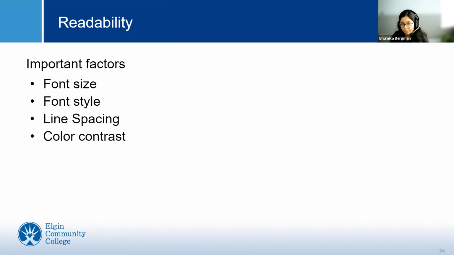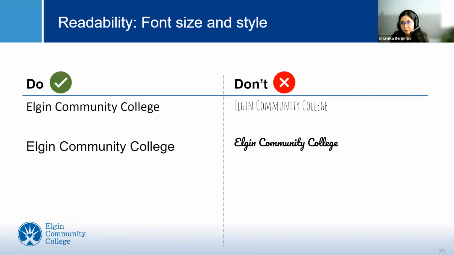Now I'm going to show you a few examples. When it comes to font size and font style, use fonts that are more readable, like Arial, Calibri, or any of the serif fonts. For example, the example on the left is much more readable than the example on the right, which uses more condensed fonts and cursive fonts. And for your content, try to use a font size of 12 minimum, or 14 if you can.